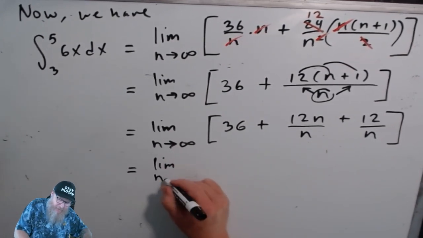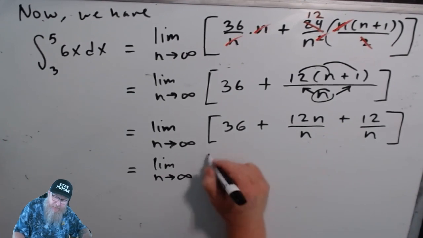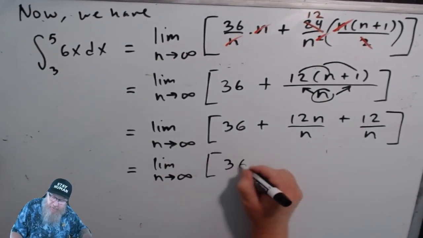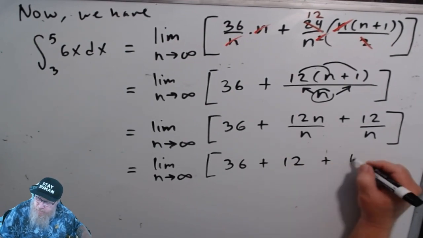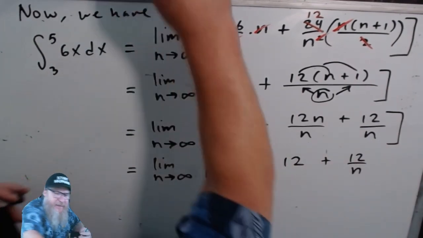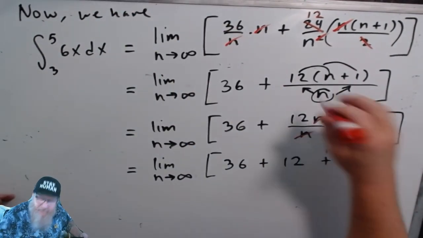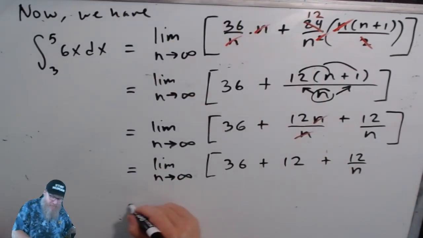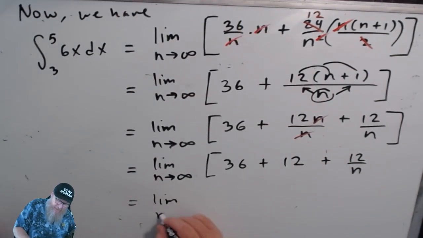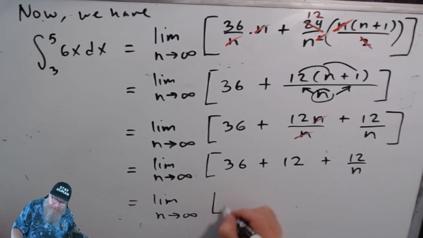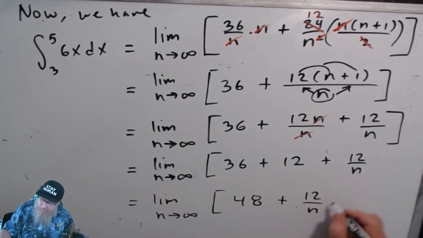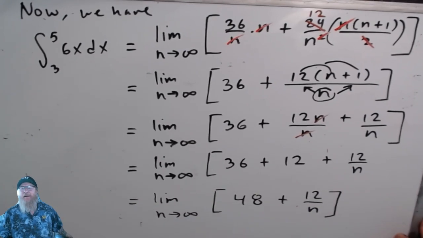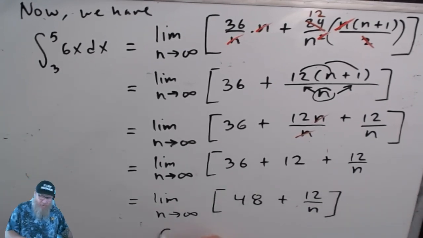Well, it's been a while since we did limits, huh? Limit as n goes to infinity of 36 plus 12 over n, which is the limit as n goes to infinity of 48 plus 12 over n. Oh, chapter 1 review.